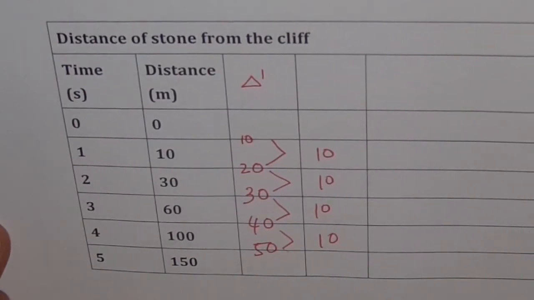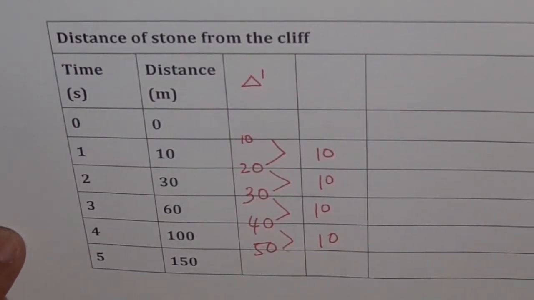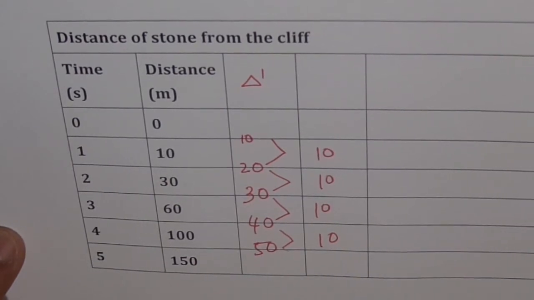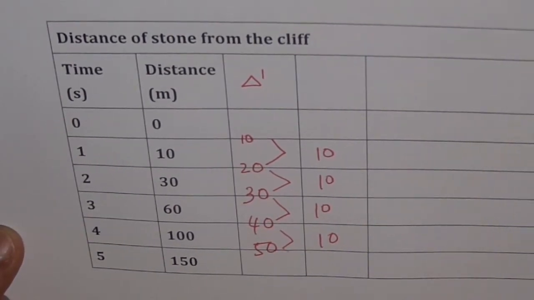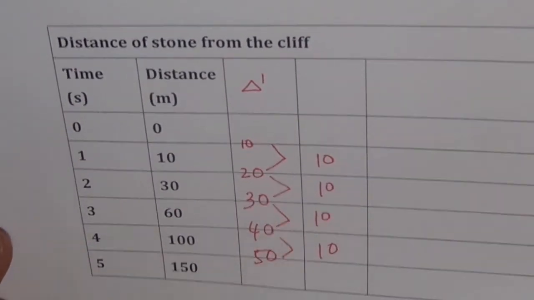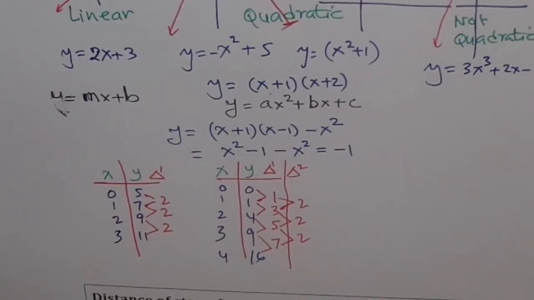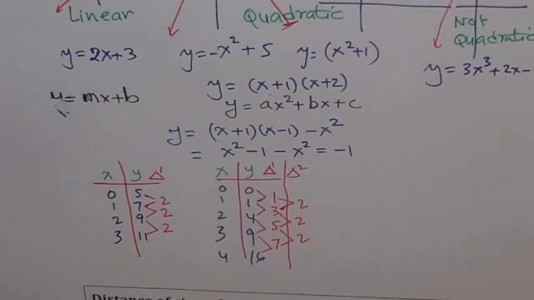So the second difference is constant, and so this data belongs to quadratic relations, okay? So that's how it is. It's an easy way of finding out whether data given is representing a quadratic relation or not, okay? I hope you appreciate and understand how to find whether the things given belong to quadratic relations or not, correct?